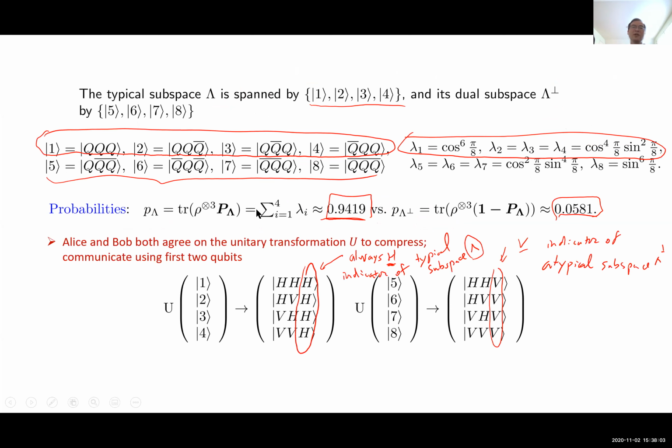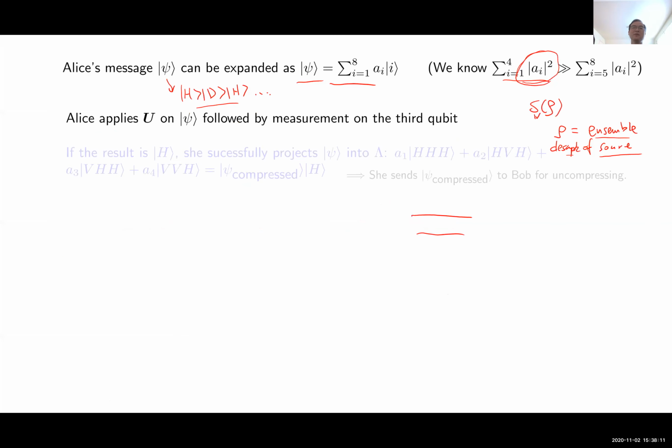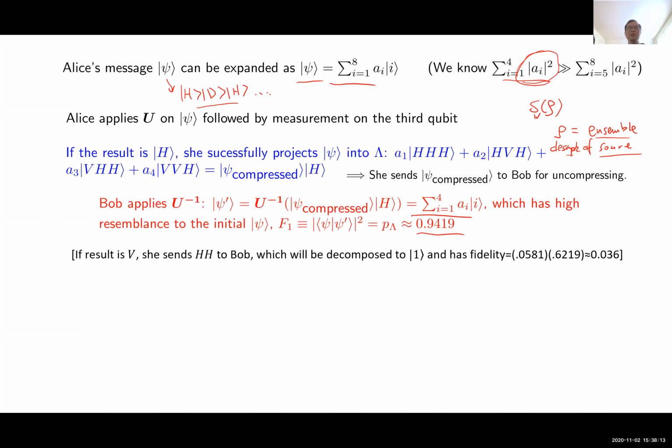State 1 is the one that has the highest probability in the typical subspace if you use Alice's source. So the best thing she can do is to send HH to Bob. Then Bob would decompress to this and has the fidelity with the initial state of this value.